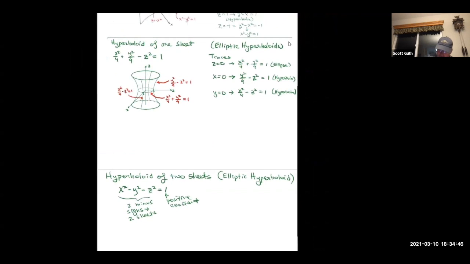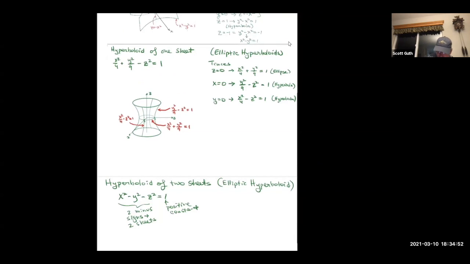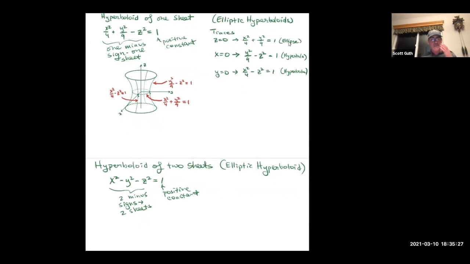And then same thing up here, but we only have one minus sign, so it's one sheet. Okay, any questions?